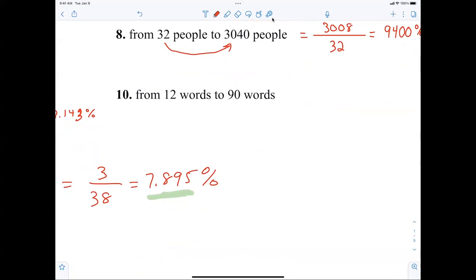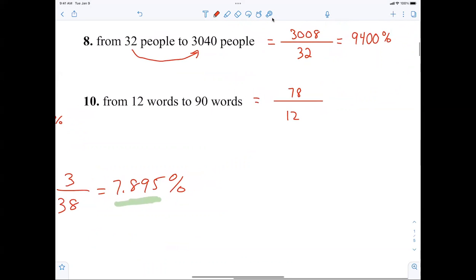Graham. Number 10. Okay, so we're gonna do negative 78, but we're just gonna put 78, and then you're gonna divide that by 12.